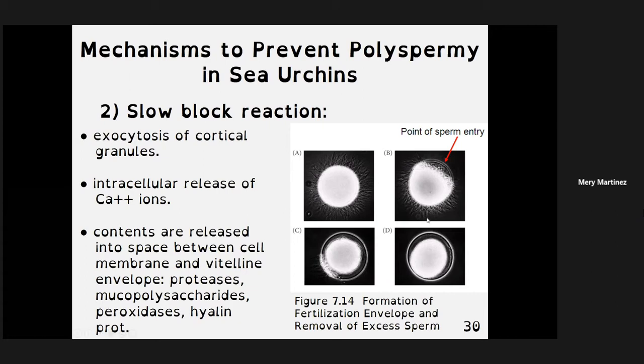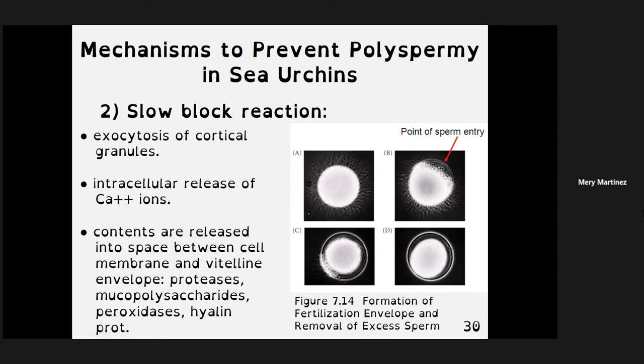So the content of the cortical granules is released into the space between the cell membrane and the vitelline envelope. Remember that these two are tied together with some connections of actin, right? So the granule is going to come at that point, between the cell membrane and the vitelline envelope. These granules contain many other things, as we can see in here. So we have proteases.